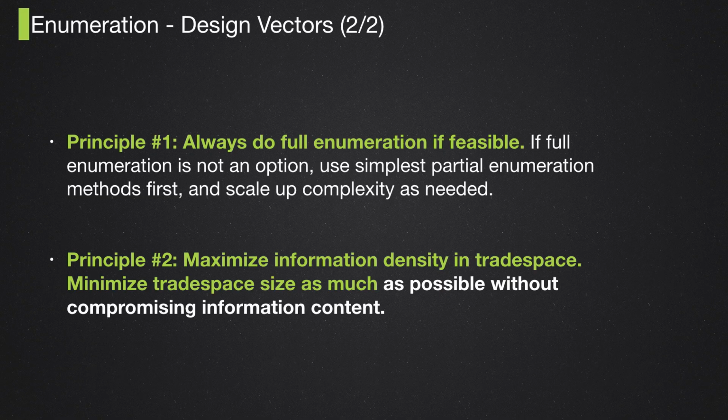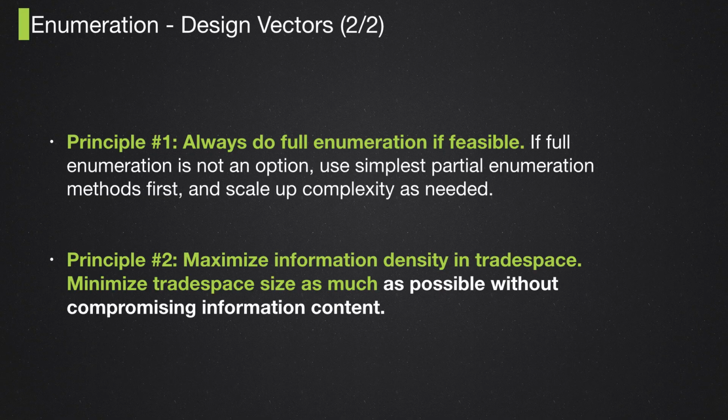Why? Because gradient-based methods assume there is a gradient in the trade space, but if you have discrete choices, for example, propellant type A versus propellant type B, there is no gradient in there, right? So you have to use some enumeration method, for example partial enumeration, that does not use the concept of gradient.